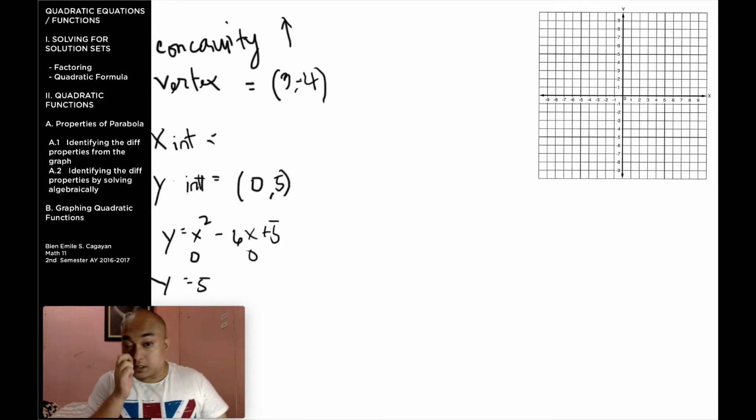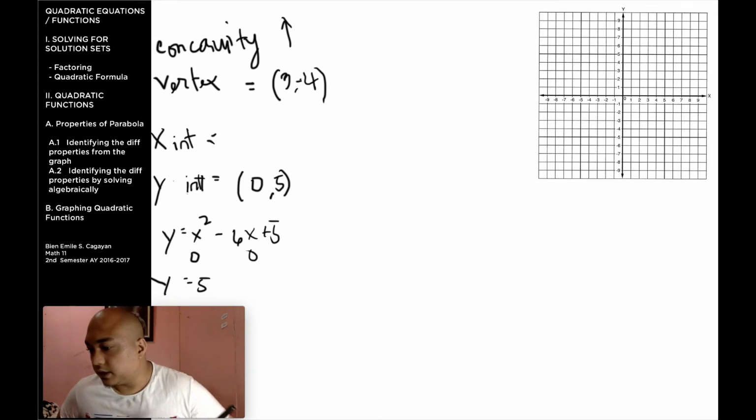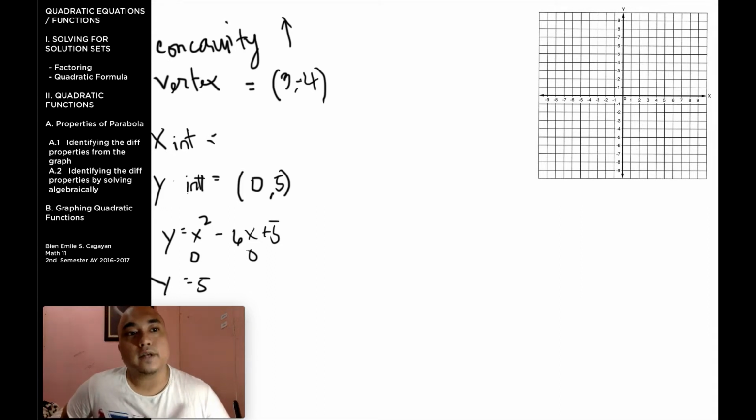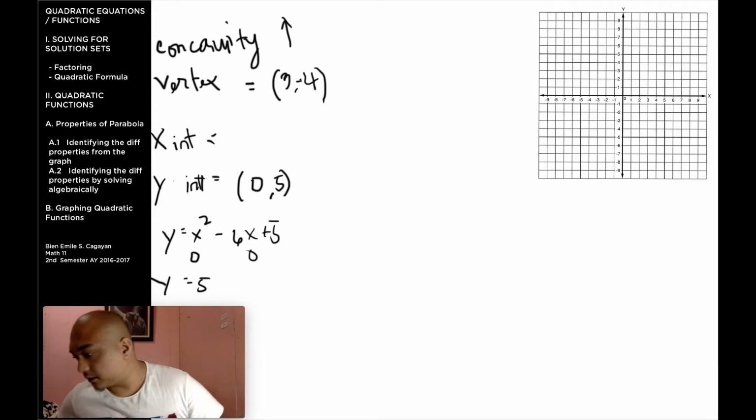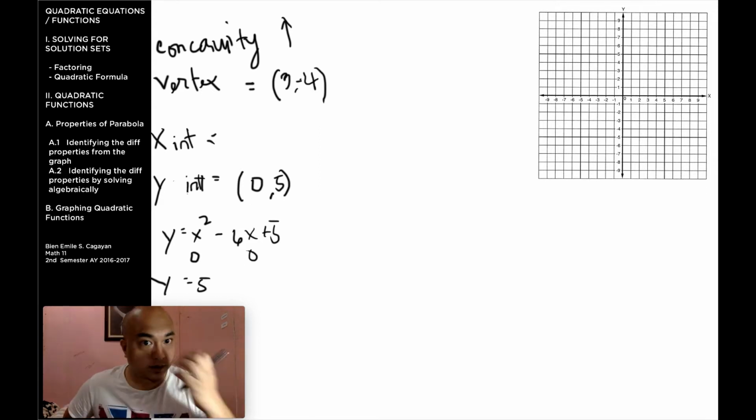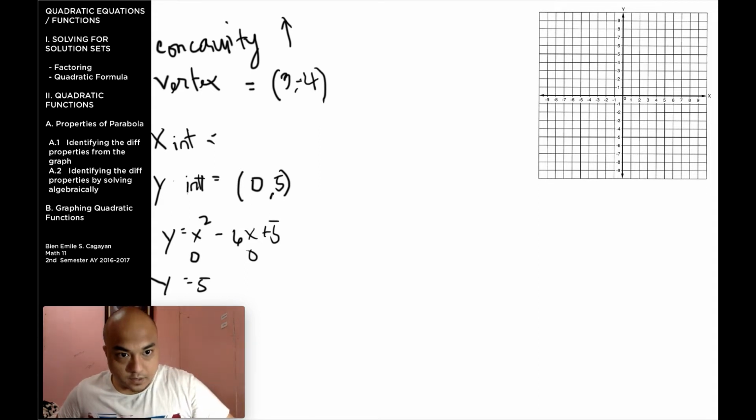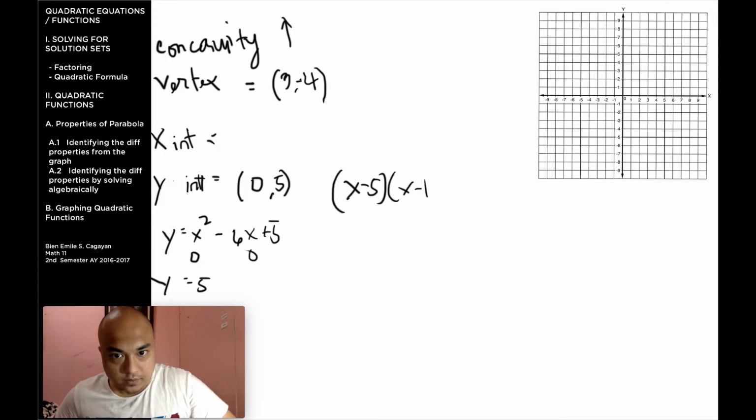Now for the x-intercept, it's a little bit trickier. We either use the quadratic formula or we factor. But this one is factorable. The factors of that equation are x minus 5 and x minus 1.